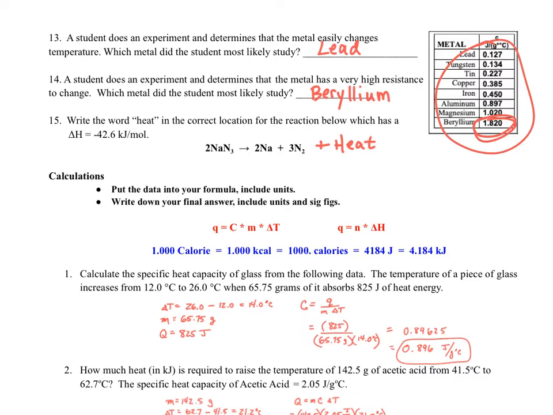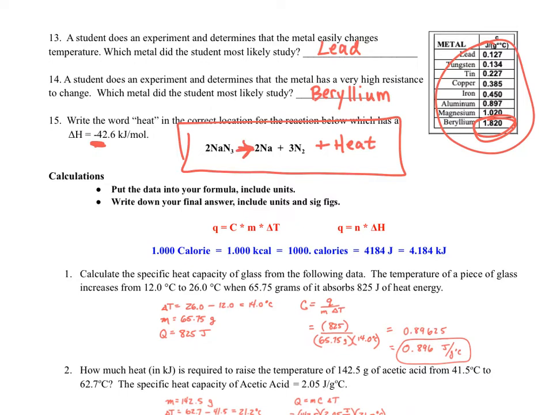Number 15, write the word heat in the correct location for the reaction below, which has a delta H that is a negative number. That means it's exothermic. It means that it produces heat. So if we put that inside of a chemical equation, we're going to put it on the right side of the arrow. Heat is produced.